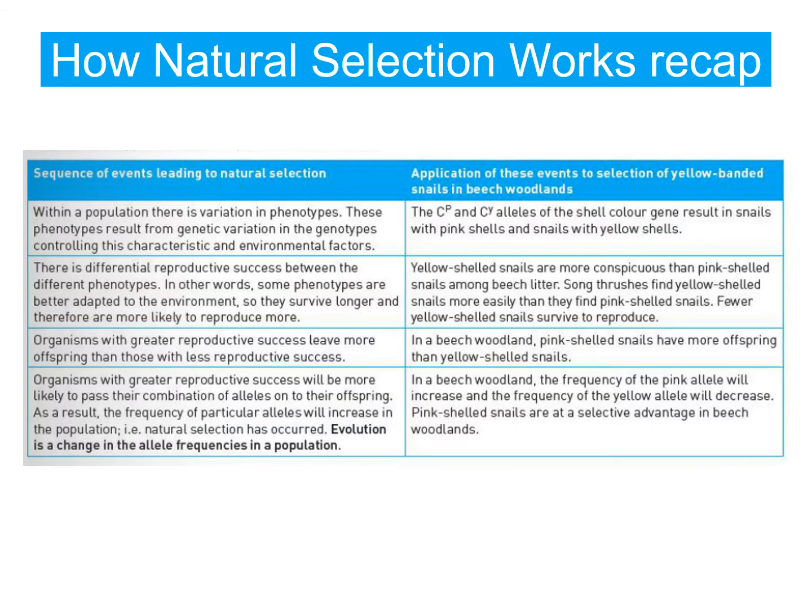So let's have a look at how natural selection works. This should be a recap from year 12 and GCSE, but effectively within a population there is always variation in phenotypes, and this generally comes from mutations.